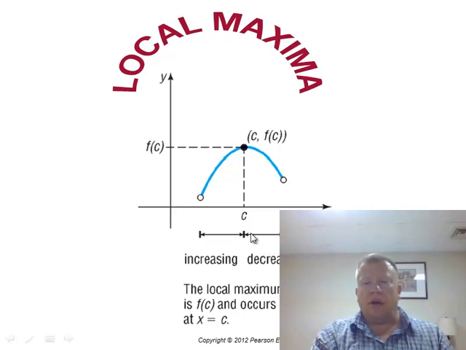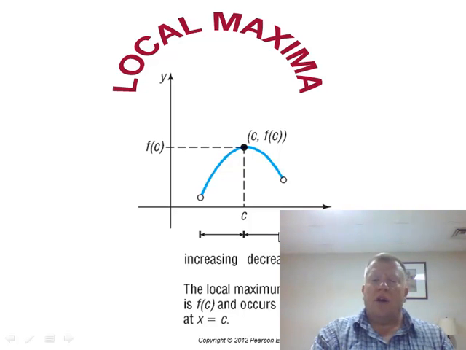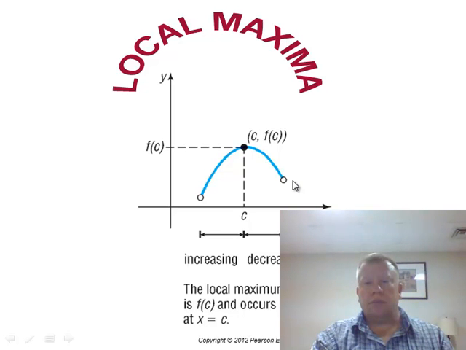And then to the right of x equals c, the function is decreasing in value. So for any value of x not equal to c, so any value of x to the right of c or to the left of c, f of x would be less than f of c. Okay, so there's a nice little definition of what it means to have a local maximum.